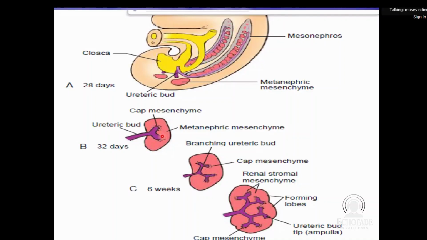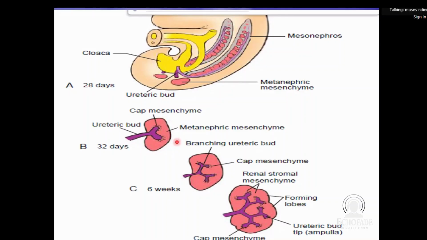The proximal part of the ureteric bud will form the ureter. The first 4 generations of divisions of the ureteric bud coalesce together to form the renal pelvis. So we have a renal pelvis when we talk about the kidney, if you remember. And then the next generations, again, combine together to form a major calyx and then a minor calyx.